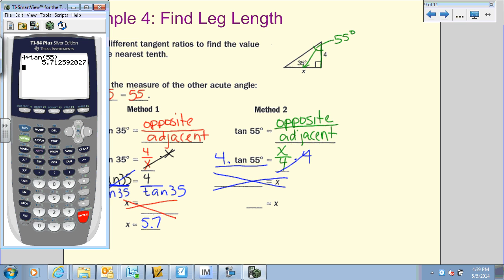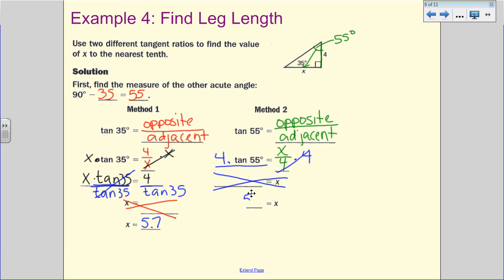In fact, if I brought up what we had before, when we took 4 divided by the tangent of 35, we're getting the exact same value. It's not just that they both round to 5.7, they are the exact same value. So it doesn't matter which angle you use, the leg of your triangle is still going to have the same value.